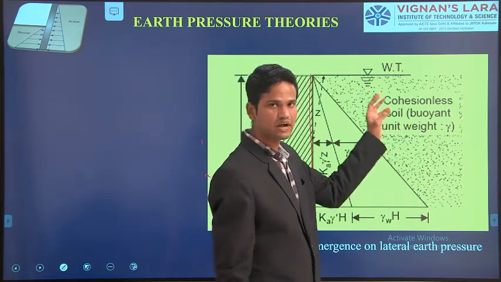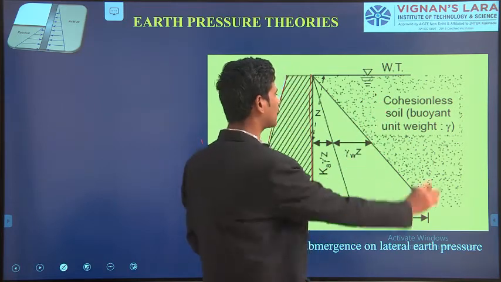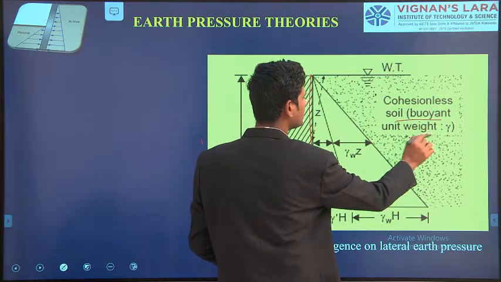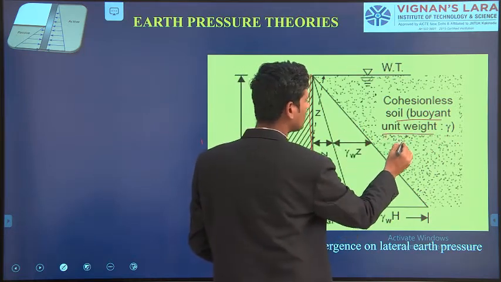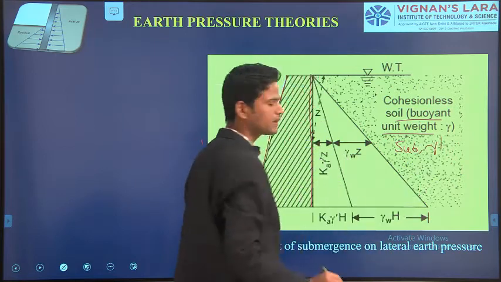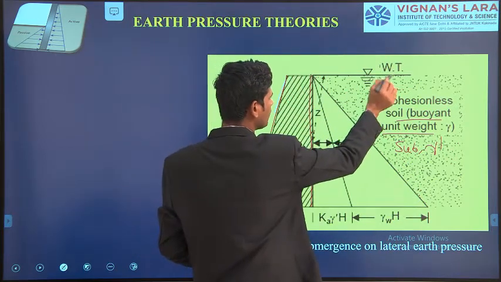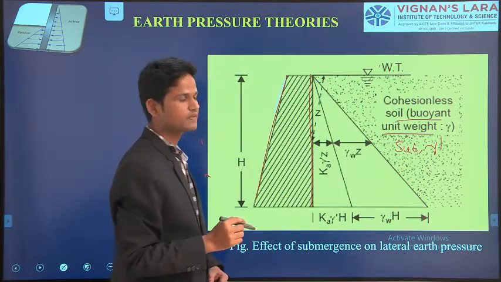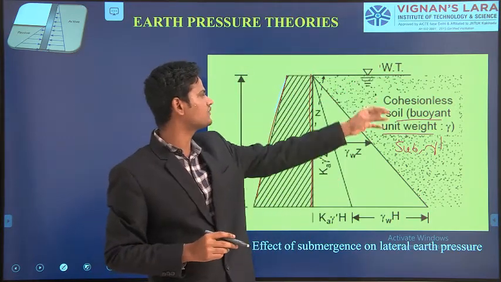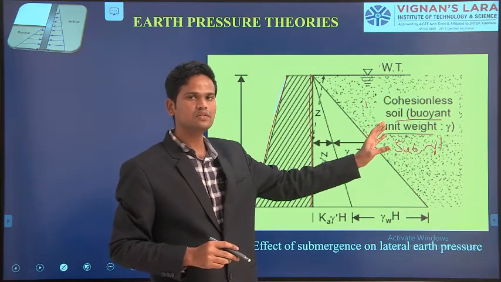That means the soil available here, the void is completely filled with water. Hence we are taking this as a buoyant unit weight or a submerged unit weight or gamma prime. You can name it by these three names. Again, this is the water table at the ground surface. Due to this water table at the ground surface, the soil available here is filled with water.